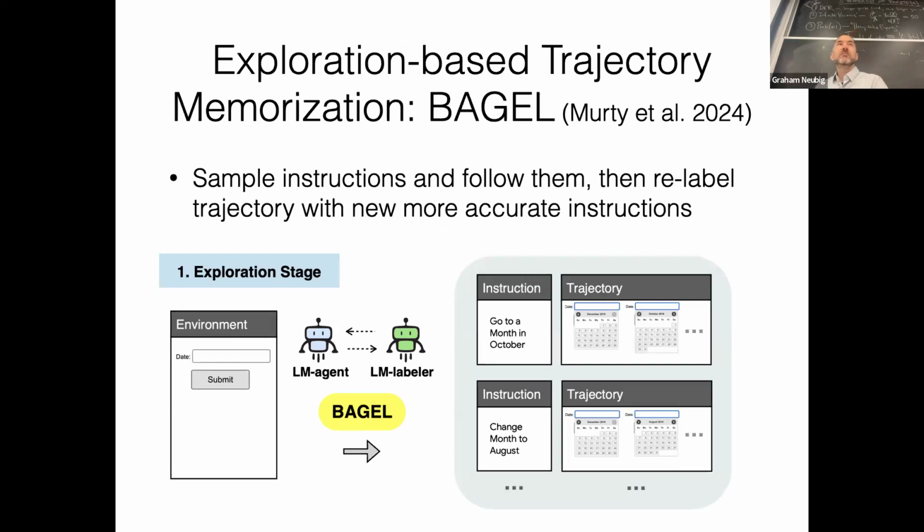Specifically within LLM style agents, this is one example. The way it works is essentially they sample a fake instruction, and then they have the LLM agent try to perform the instruction in the environment that it's in.